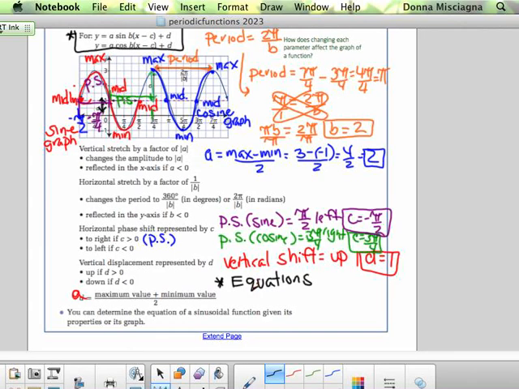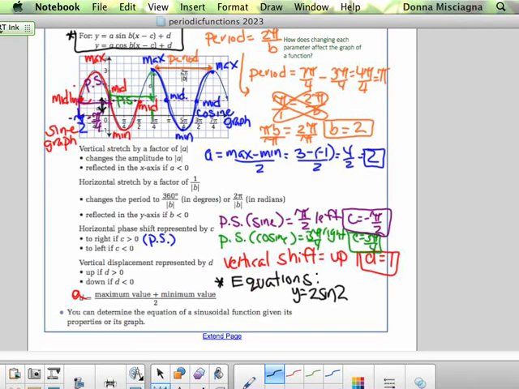All right, so all we have to do is replace the A, the B, the C, the D. So we have y equals, A was 2, so y equals 2 sine, and then B is 2, so y equals 2 sine 2.